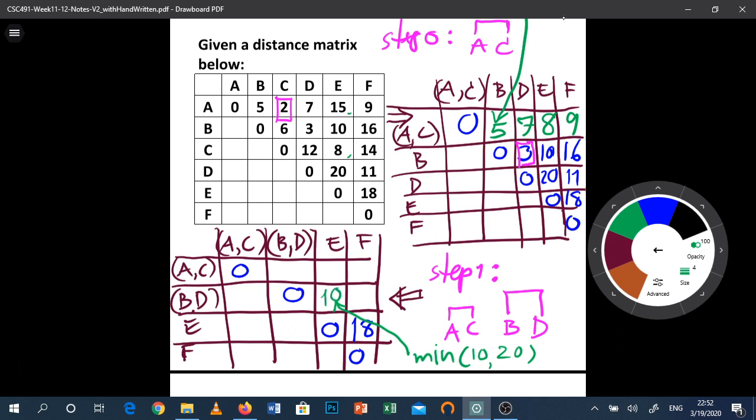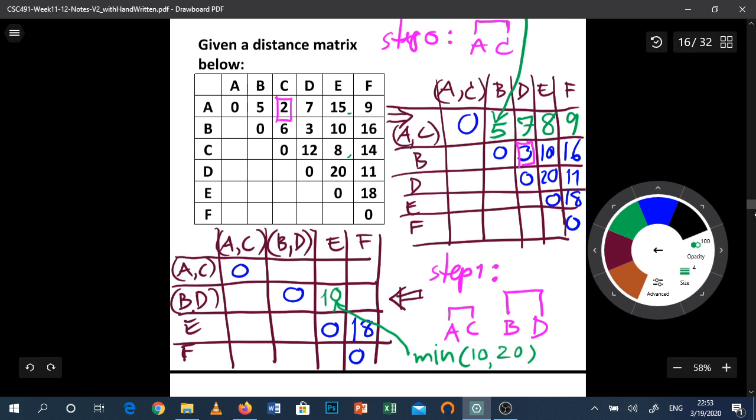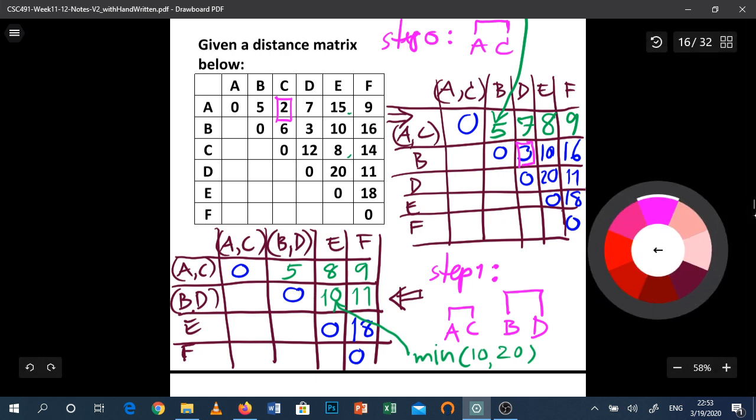And if we do everything, we'll get the update to be 5, 8, 9, 10, 11, 18. Okay. So again, the next step, the hierarchical clustering, look for the smallest merge of the smallest distance in the latest update distance metric. So the next merge is at this position of 5.